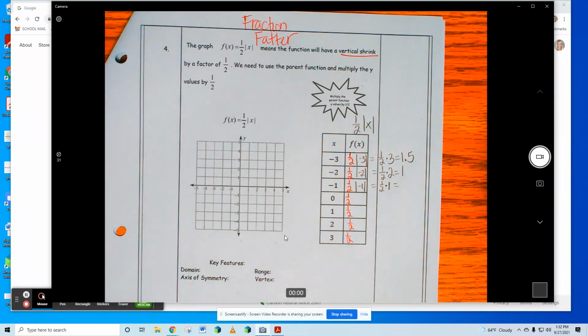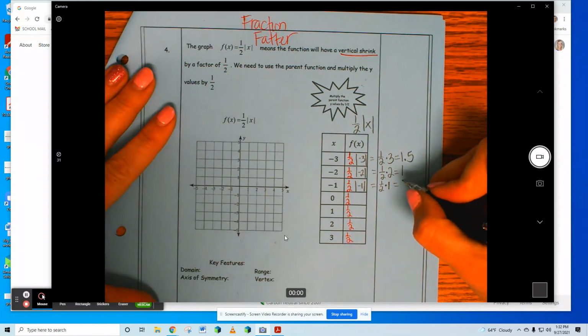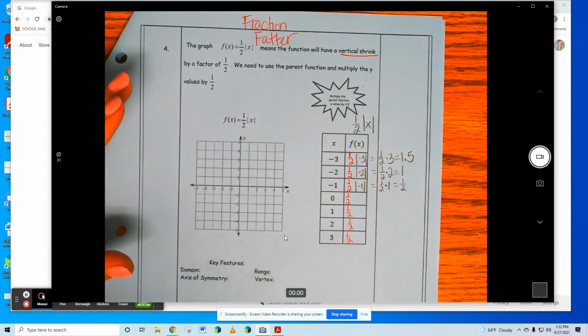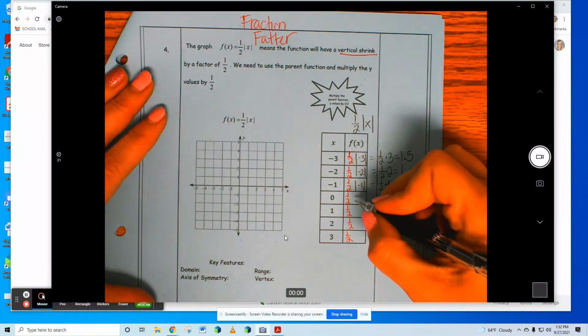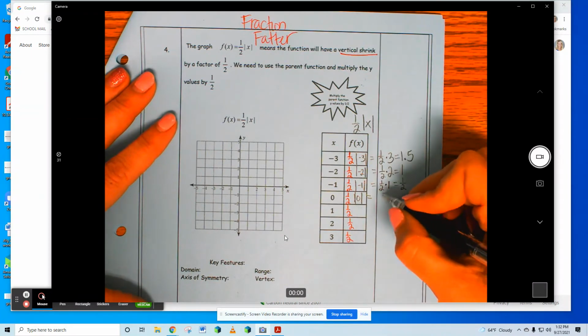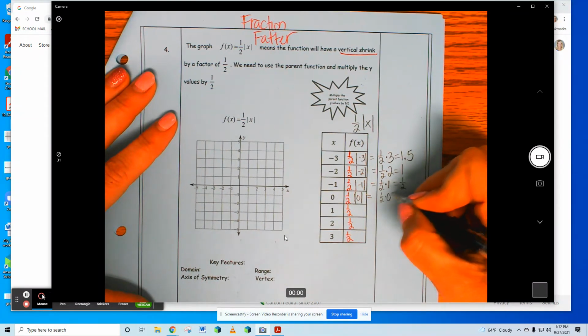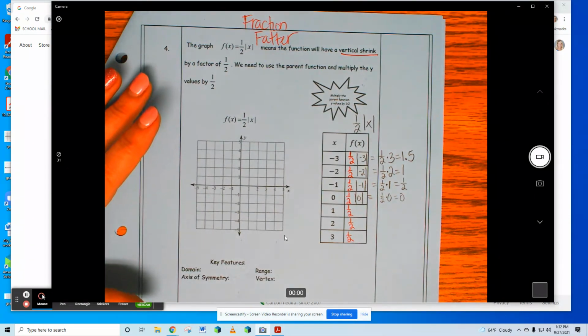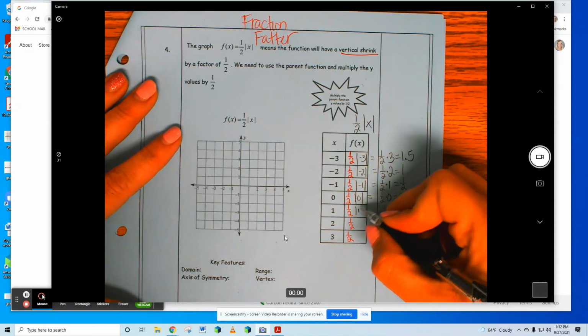I have $1 and I cut my dollar in half. 50 cents, 1/2. 1/2 times 0 is 0. 1/2 of 1.